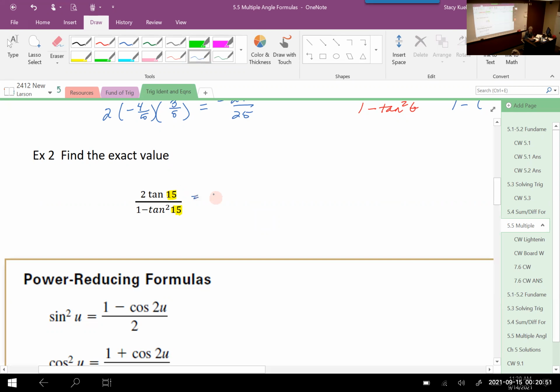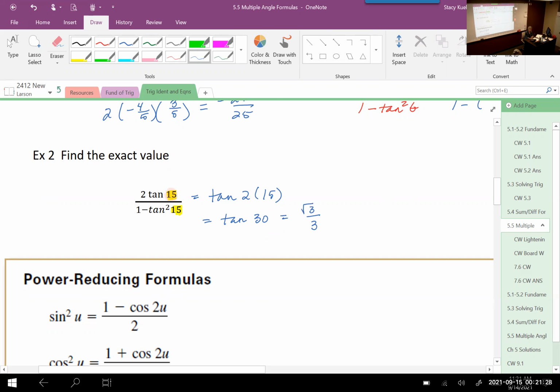So that looks like the tangent of 2 times the angle 15, that's the identity. Or in other words, the tangent of 30. And what is the tangent of 30 degrees? Tangent of 30 degrees would be square root of 3 over 3. Okay? So that's just applying that identity.